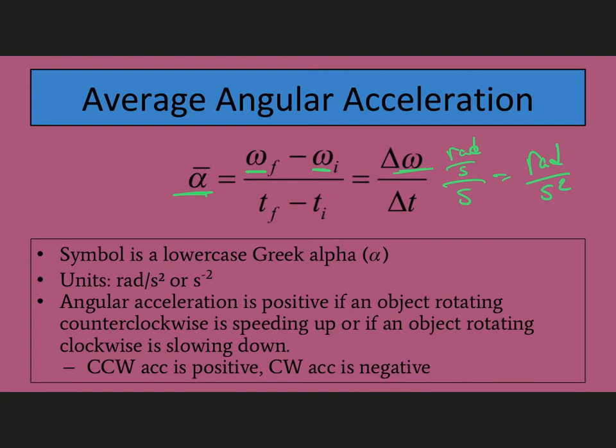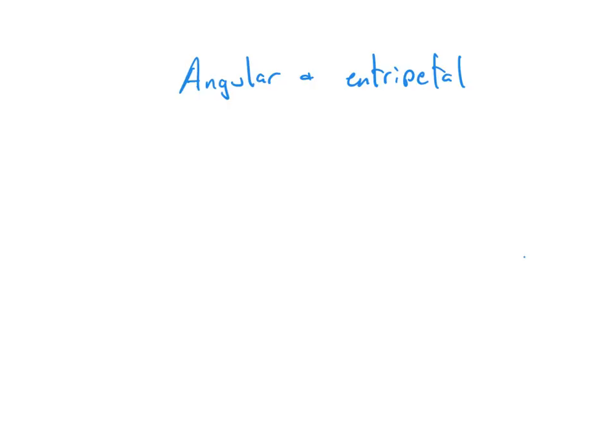If the circular motion is already going in that direction, and the acceleration is in that direction, then it's going to speed up. If you have an object that is rotating clockwise, so it's moving in the negative direction, and the acceleration is counterclockwise in the positive direction, then the object is going to be slowing down.